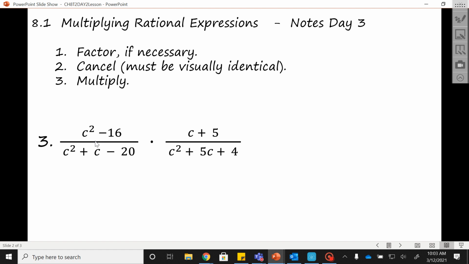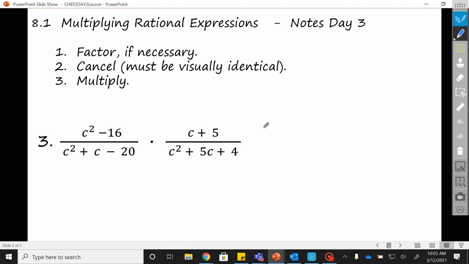Okay, so we have c squared minus 16 over c squared plus c minus 20, times c plus 5 over c squared plus 5c plus 4.